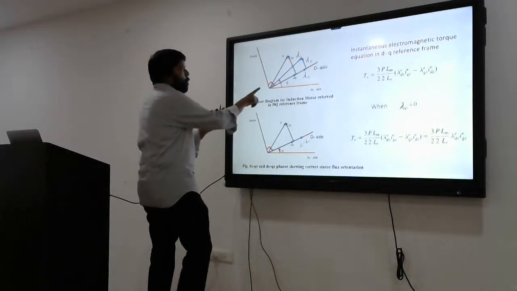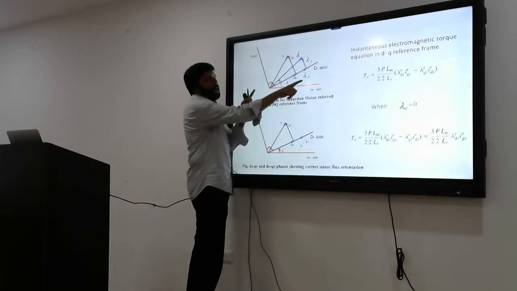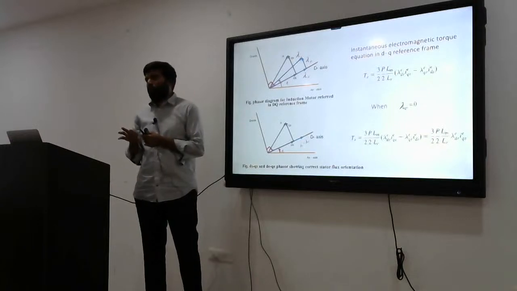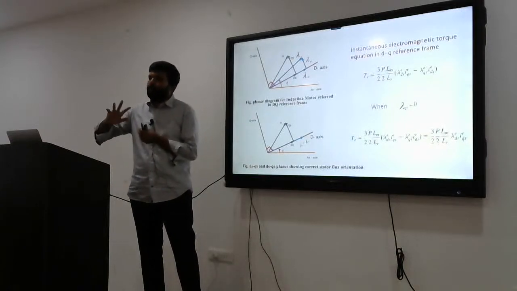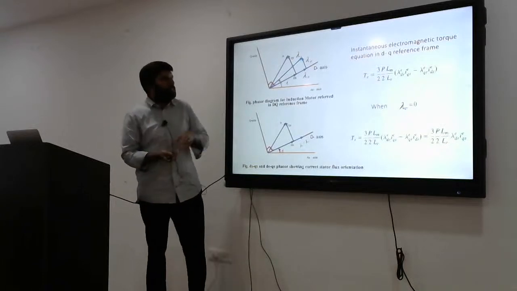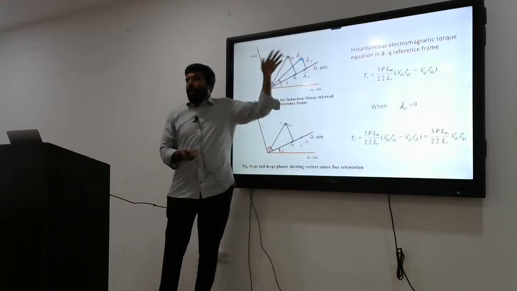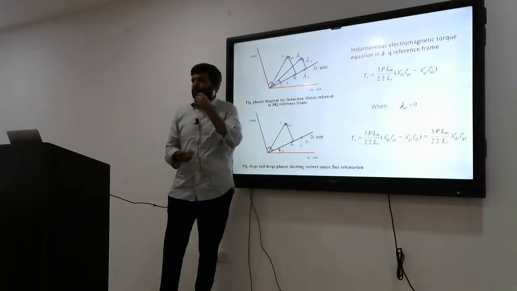See here, the problem is there is a space delay between lambda dr and lambda r. Lambda r is the resultant rotor flux. Lambda dr is the d axis. After transforming the signals from 3-phase to 2-phase, lambda dr is the real component and this is the imaginary component. Our aim is that lambda QR should be 0.